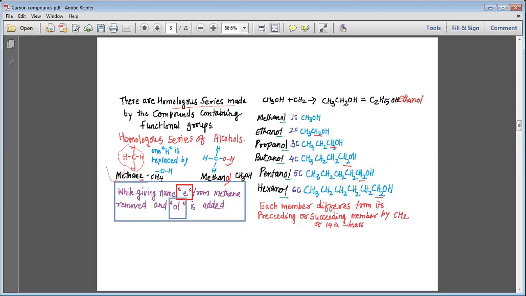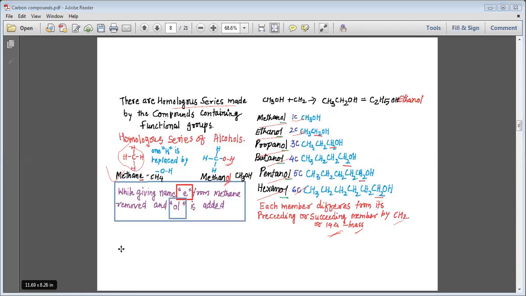And this is how for first carbon we write methanol, 2 carbon ethanol, 3 carbon propanol, 4 carbon butanol, 5 carbon pentanol, and 6 carbon hexanol. Each member differs from its preceding and succeeding member by 14 U mass and by the CH2 group. So this is what it is, the general characteristics of the homologous series, my dear students.